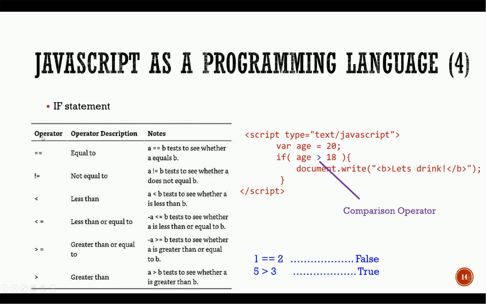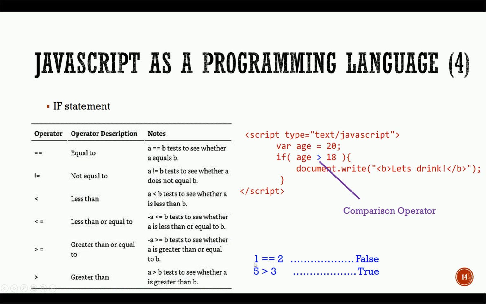For example, the double equal sign gives the description of equal to: A equal to B tests whether the two values of A and B are the same. For not equal to, we replace the first equal with an exclamation mark, and see whether A does not equal B. And of course we have less than, greater than, also less than or equal to, and greater than or equal to.